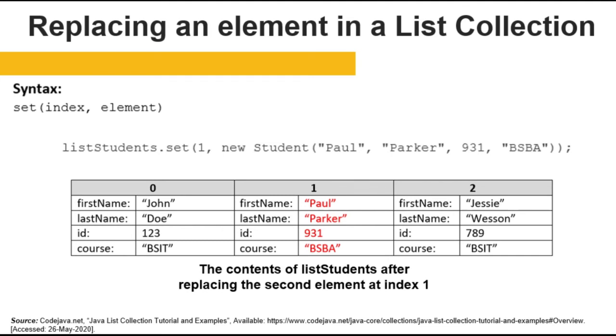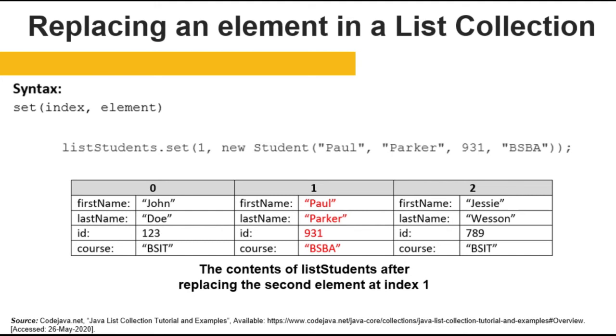For example, if you want to replace the student object at the second position, the code will be list students.set, the first parameter after the open parenthesis is 1. That is the index position of the specific element within the list collection to be replaced, followed by a full student object because remember, our list collection stores student objects.